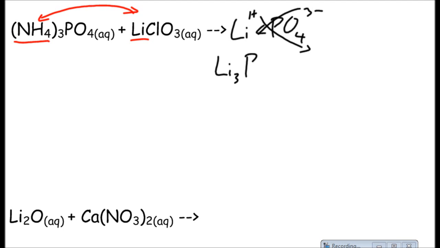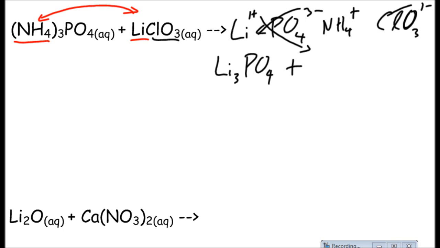Plus, we're going to put ammonium, which is NH4 plus, and chlorate, which is ClO3 1 minus. They cross over, and 1 to 1 is therefore written as NH4ClO3.